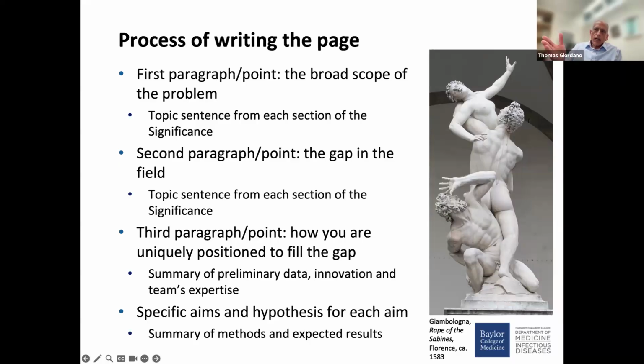It was done, as you can see in the caption, in 1583. At this point, Michelangelo was a very old, famous artist, and Giambologna, the artist who did this, was a very young, up-and-coming artist. And he got an audience with Michelangelo. He's this young 20-something-year-old guy.